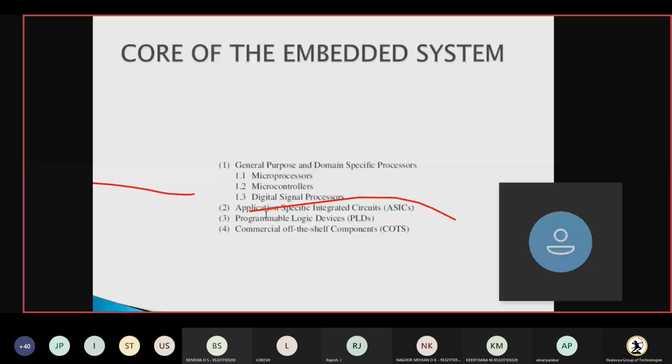Previously, we had a CPU. The CPU has four different components: control unit, registers, ALU, and bus interfacing unit.